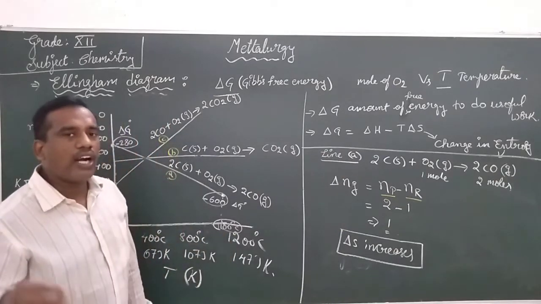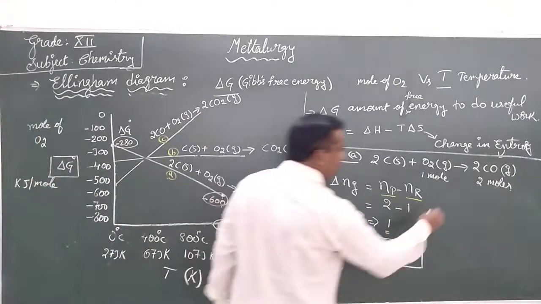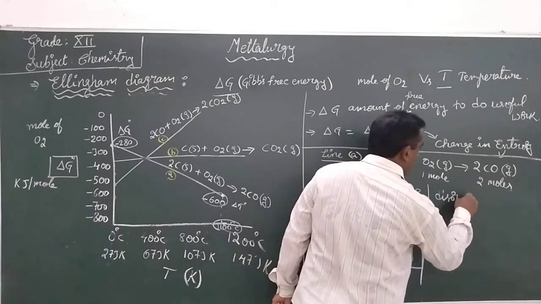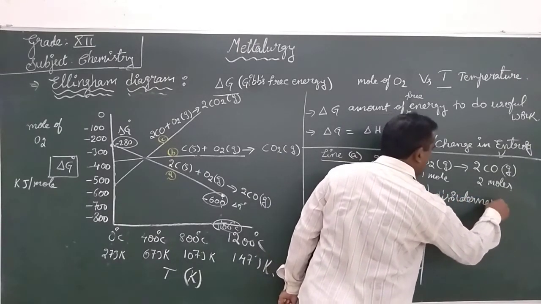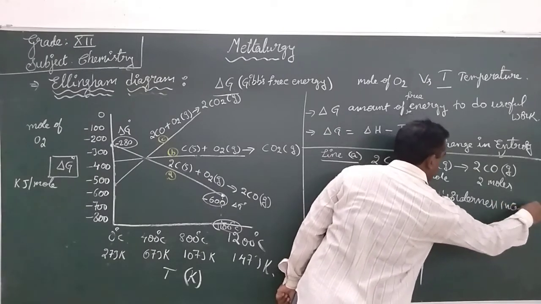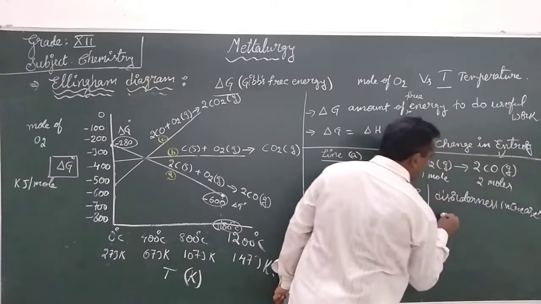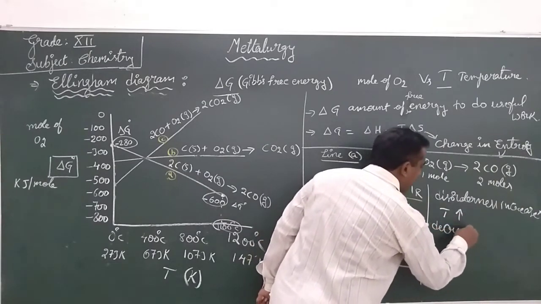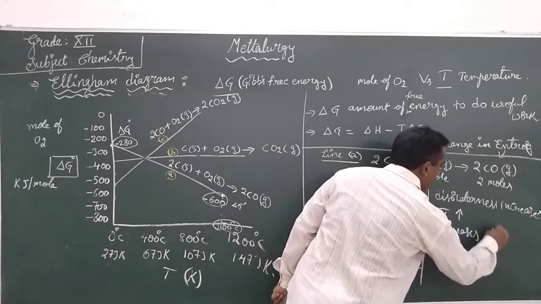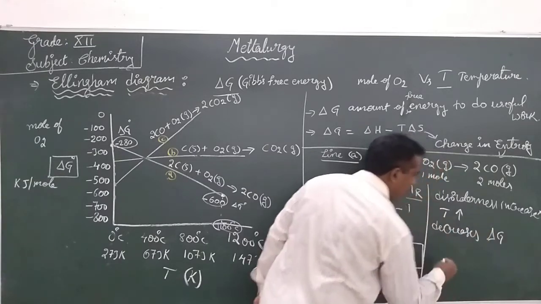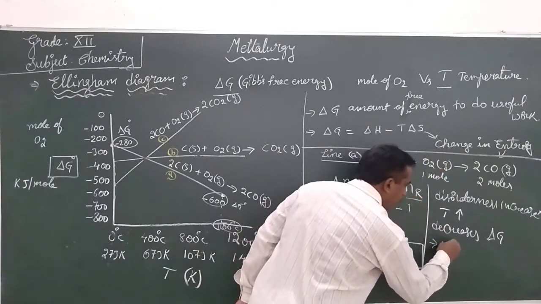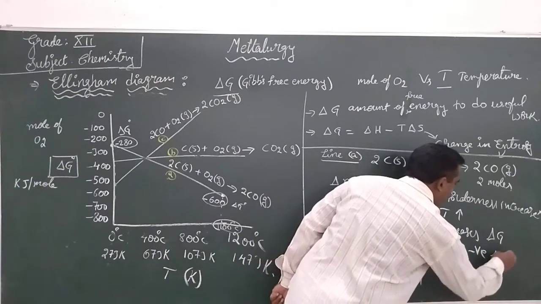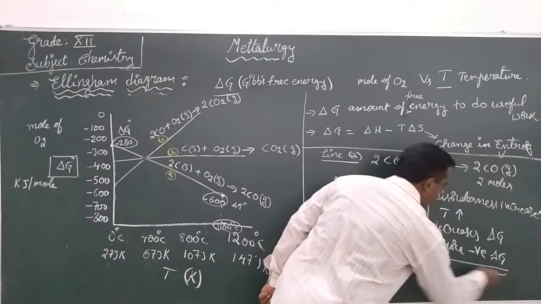So what we want to read is the disorderness increases with increasing temperature. That decreases the delta G value, means it makes the delta G value more negative.